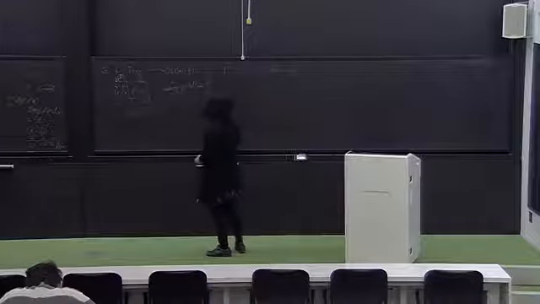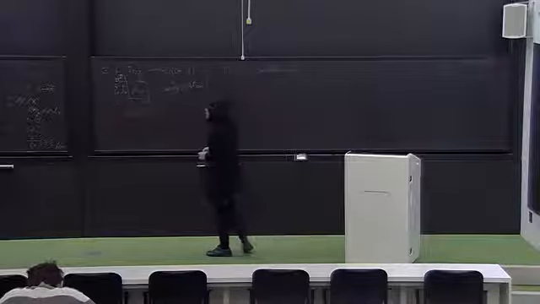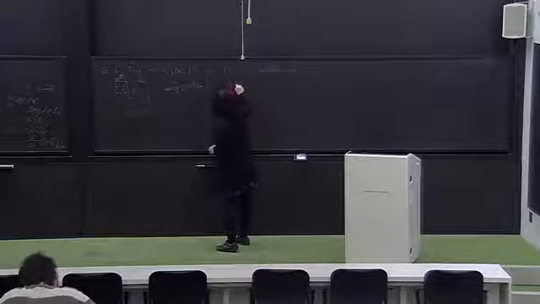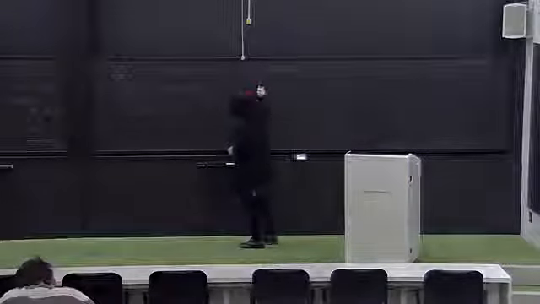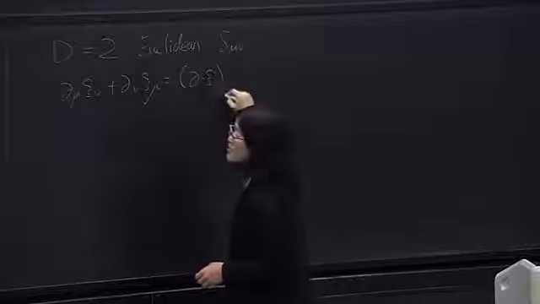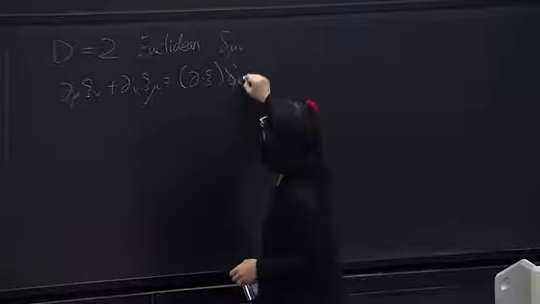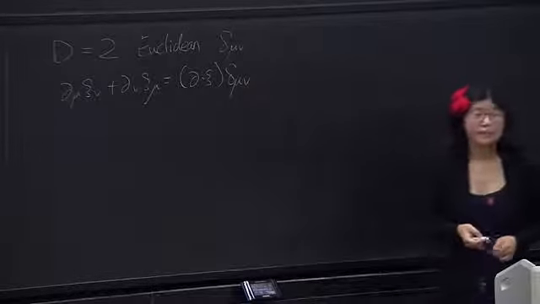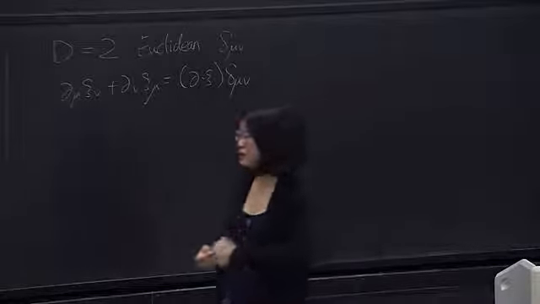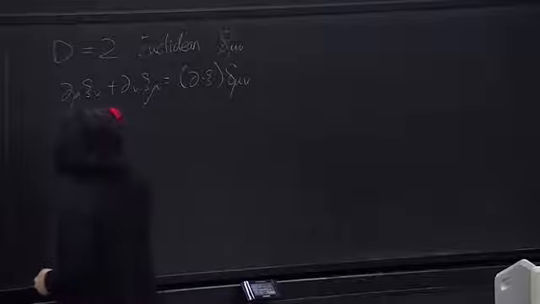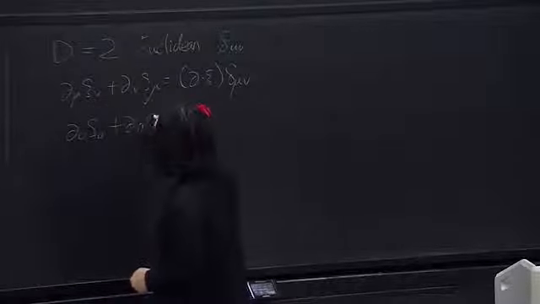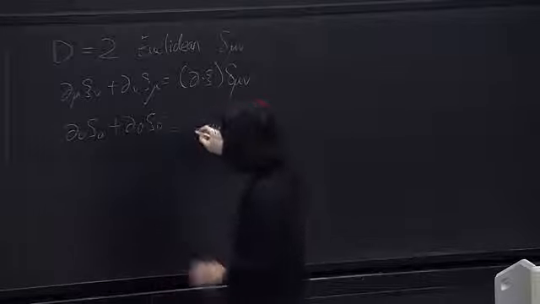Our conformal Killing equation reads as, I'm just copying it, taking d equals 2, I get this. But since when d equals 2, mu runs from 0 and 1, I can literally write out what this means, write down all the components.